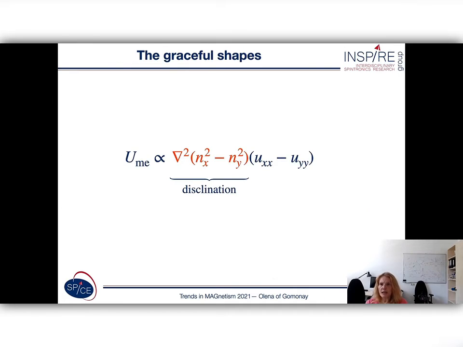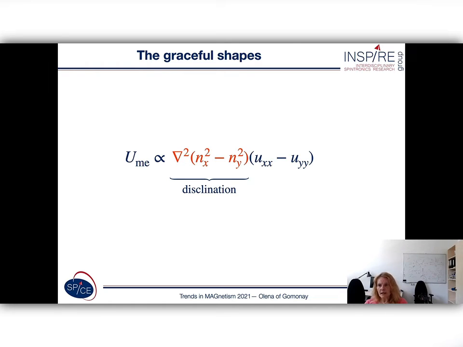Now I would like to give the third example, and this is more a prediction of what we can anticipate in different shapes of our antiferromagnetic devices which we usually use.